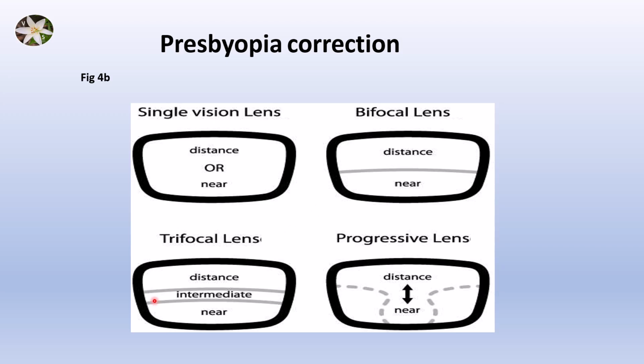One may need an intermediate strip for intermediate working distance such as the computer screen, or he may be comfortable with a progressive lens where there is a gradual transition from the power required for distance to the power required for near. So depending upon the comfort, the patient and his need, the patient may be comfortable with any of these.